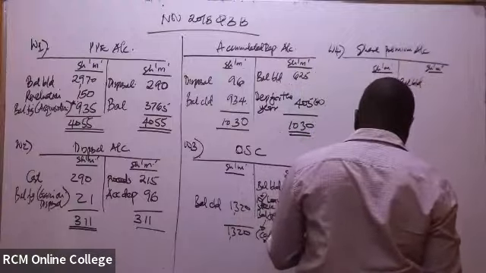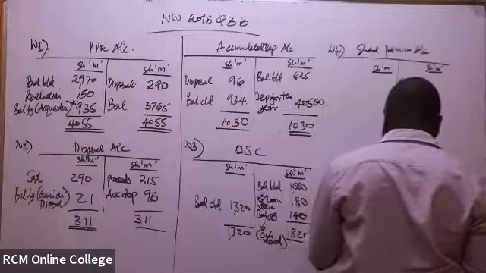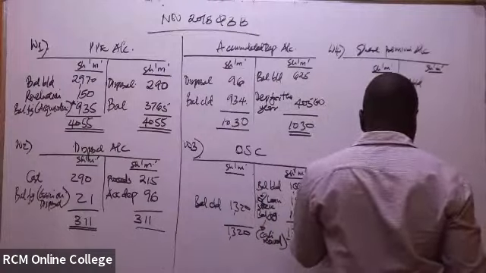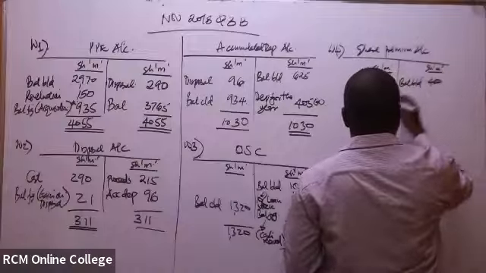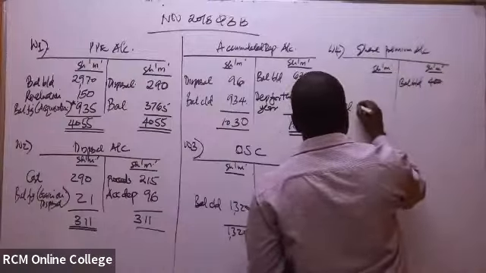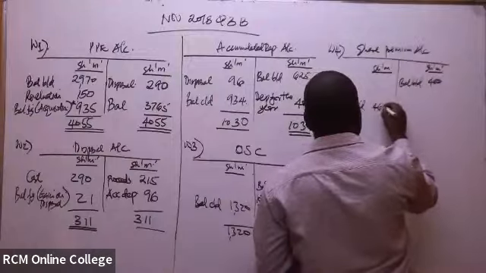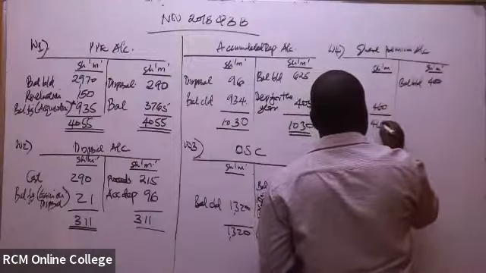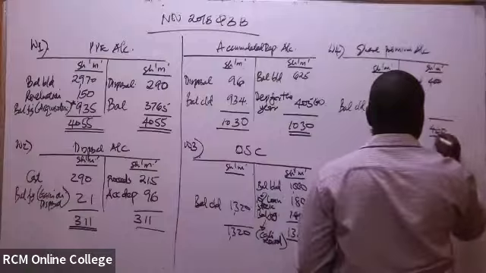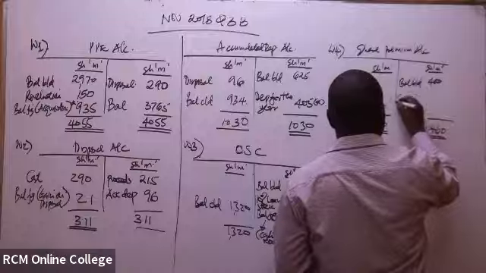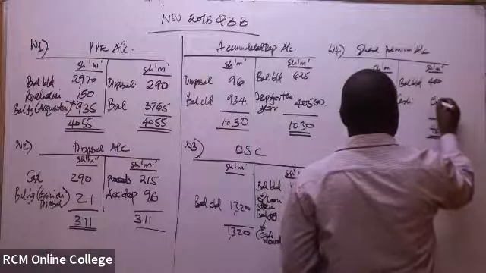The balance brought down for the share premium is 400. Then the balance carried down is 460. So 460, then 460, so you have in this case cash of 60.